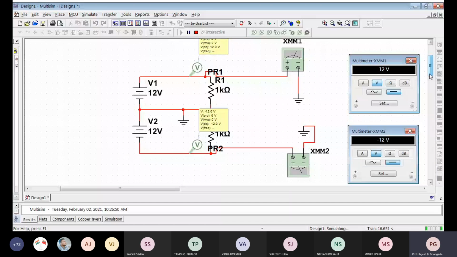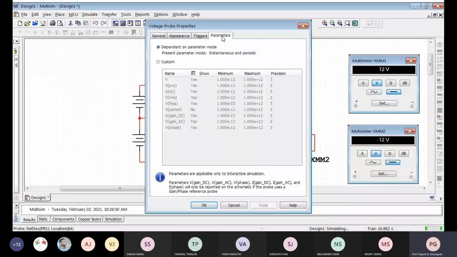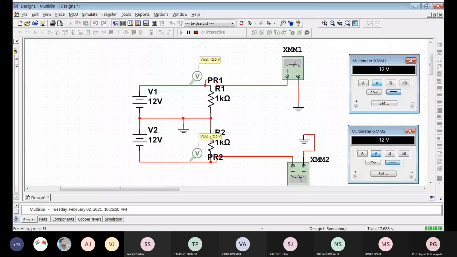Let me do away with the unwanted parameters. Okay, what do you see? Is it the same as this, for example?